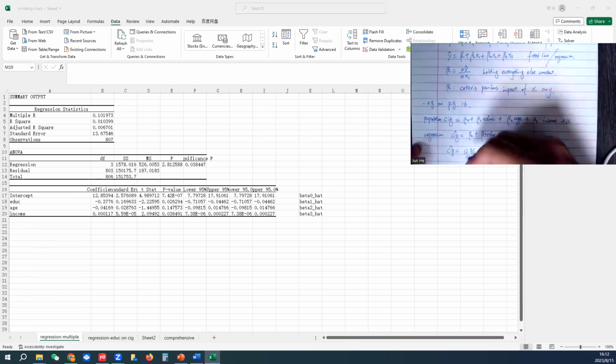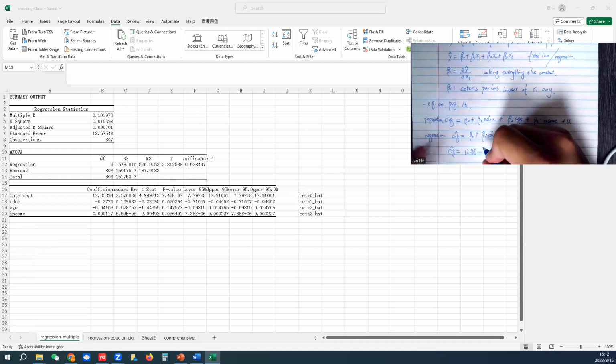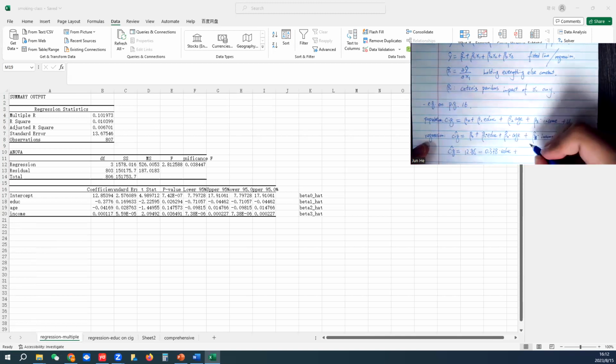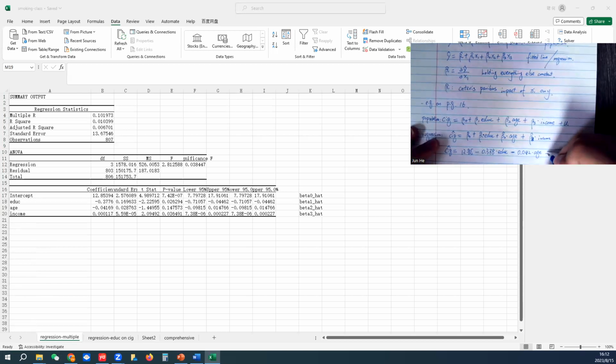That's your intercept term, plus beta 1, which is the coefficient of education, and here that is minus 0.378 by education, plus, I'm sorry, that's another minus 0.042 by age, plus 0.0001 by income.